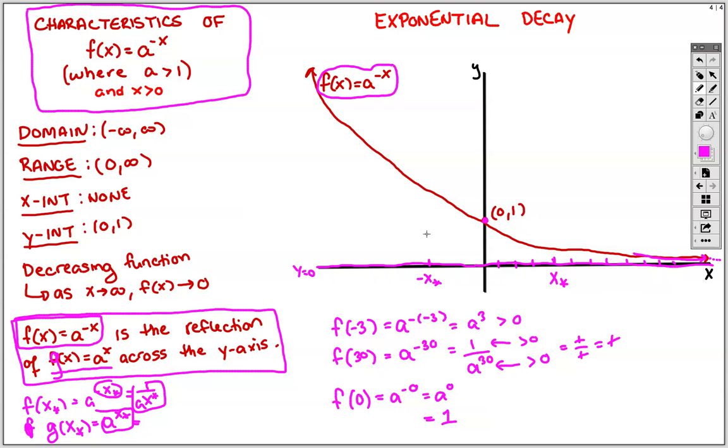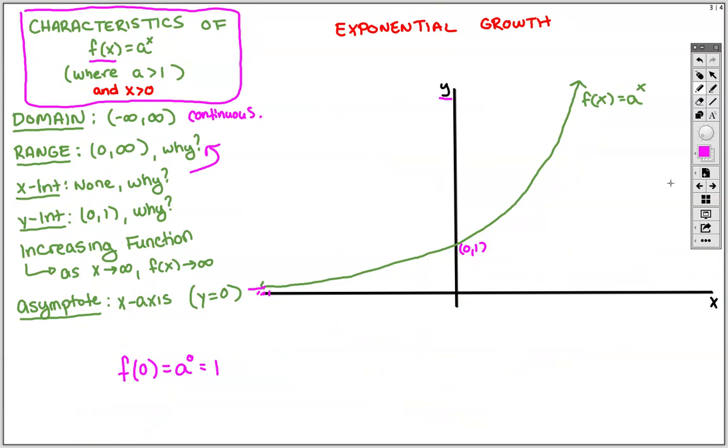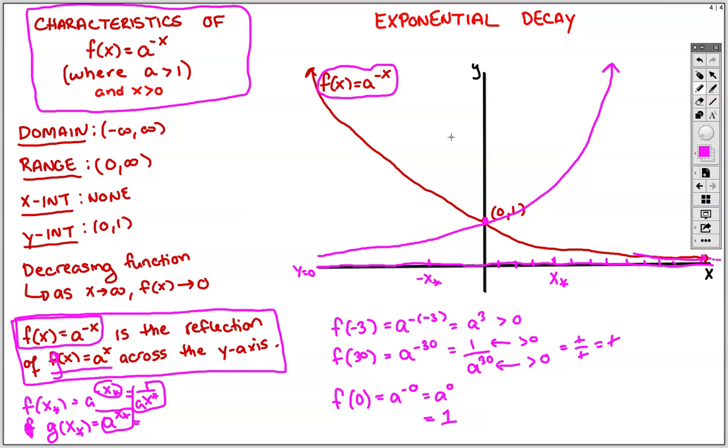And basically, what I'm trying to show you, I'm not doing a very good job of this, but what I want to show is that the negative exponent one is the reflection across the y-axis of the positive exponent one. So this one that I drew in the pink is the one from over here, and the other one is one from over here.